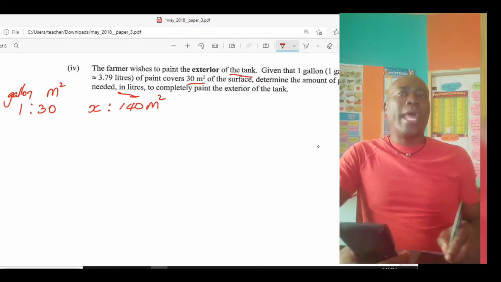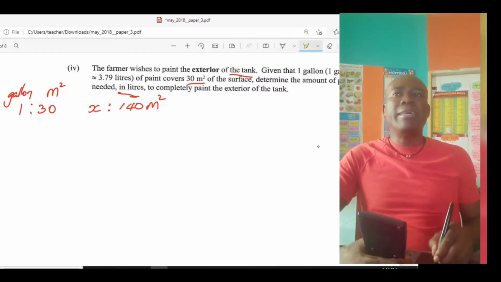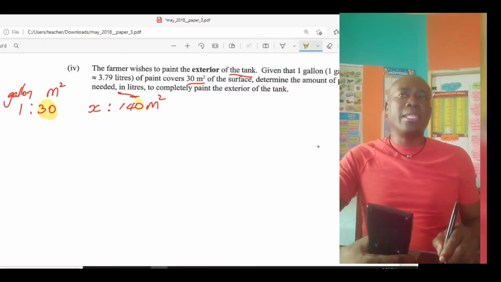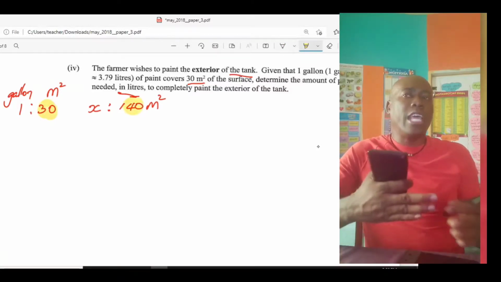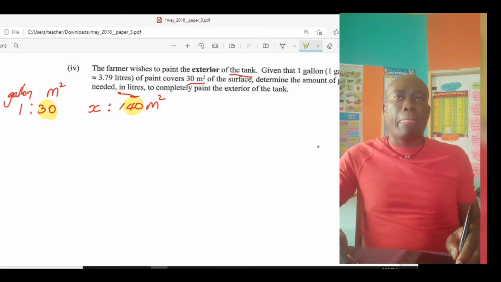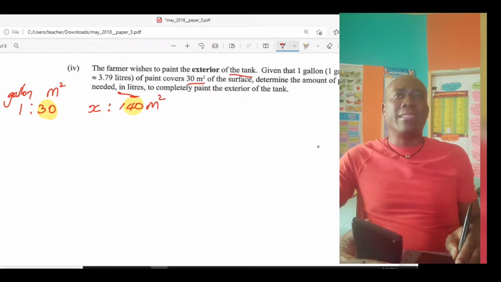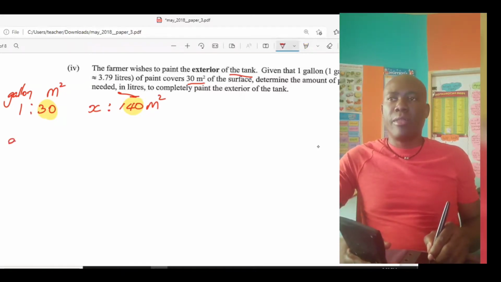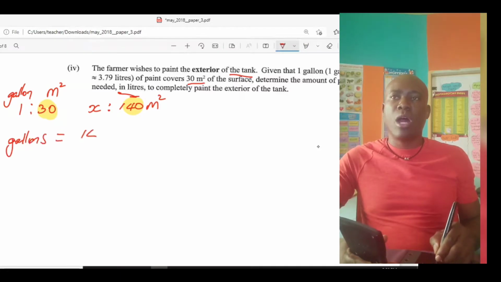Well, basically what I could do is simply divide the 30 into the 140 to tell how many will be coming out. So we're looking at the number of gallons needed. The gallons needed is going to equal 140 divided by 30.